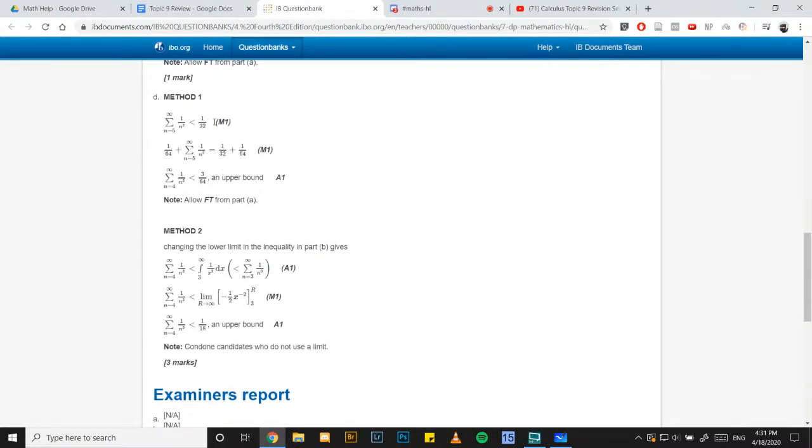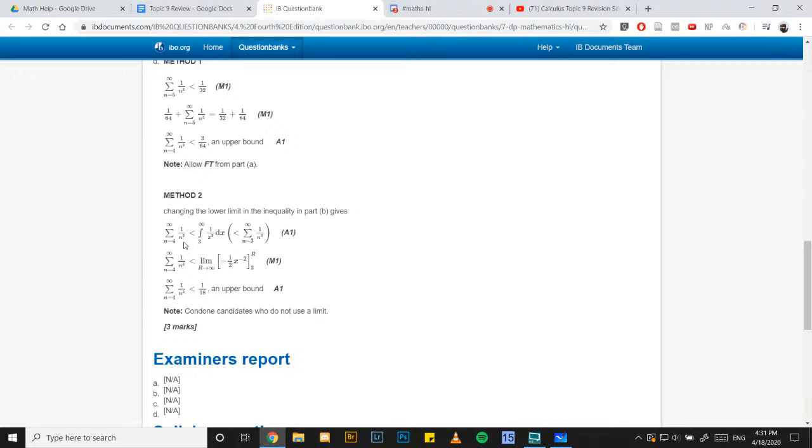So this is the technique I used. The other technique that could be used is changing the inequality in a different way. So also this is another upper bound that you could create, and that's basically by utilizing the integral from 3 to infinity.